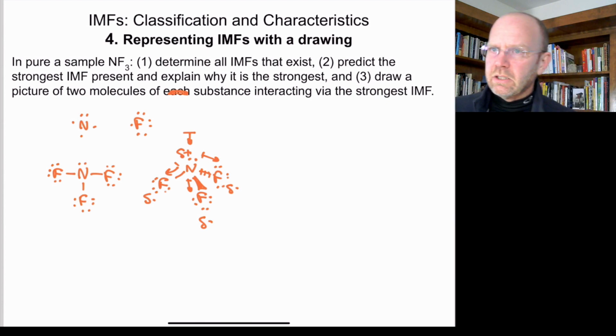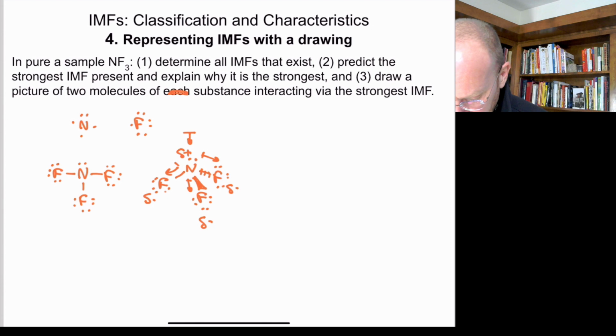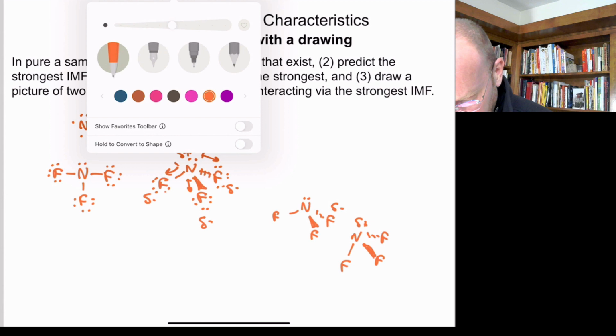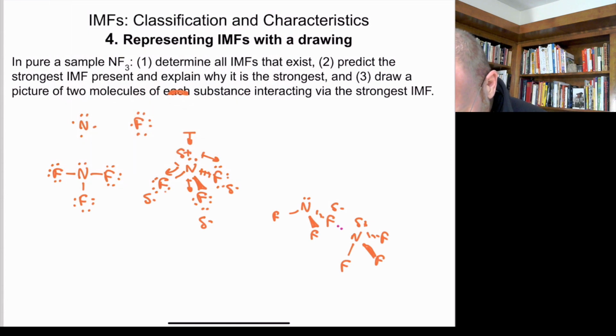And now let's draw a picture of two of these molecules interacting. Here I'm going to dispense with all of the extra stuff. I didn't mean to draw a hydrogen there. I'm going to draw a fluorine here, and a fluorine here, and I know there's a partial negative charge there. I'm going to line up one of these nitrogens. It seems weird having a nitrogen be the positive, but I'm going to do it. Nitrogen has a positive, and so if I wanted to illustrate that intermolecular force, there it is.